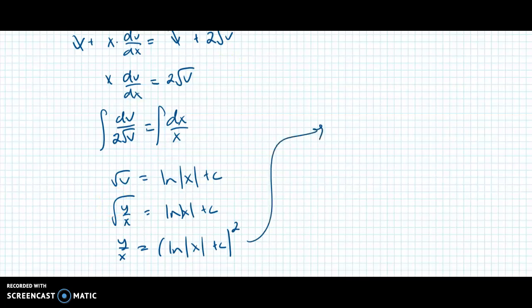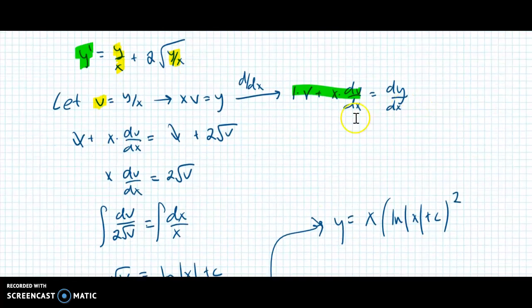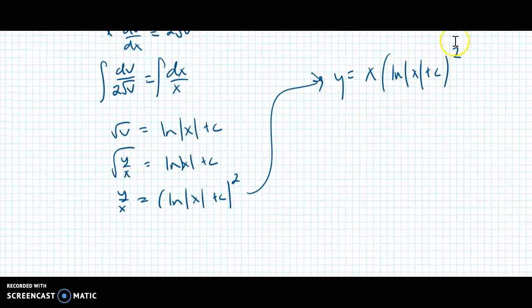And my last step is to multiply by x, and I get y equals x times ln absolute value of x plus c, squared. And that is what we have up here if I put my absolute values. So, ba-boom, ba-boom. Hopefully you're good with that, and we will do another video for the next one.